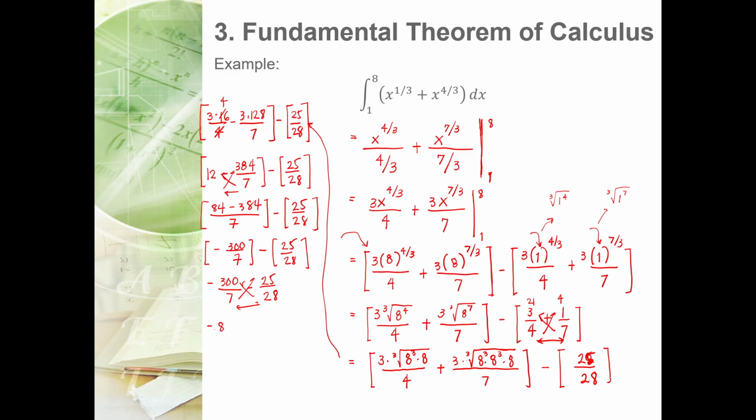So this one is negative 8,400. Then 25 times 7, I think this one is 175, if I'm not mistaken. Then all over 7 times 28, which is 196.